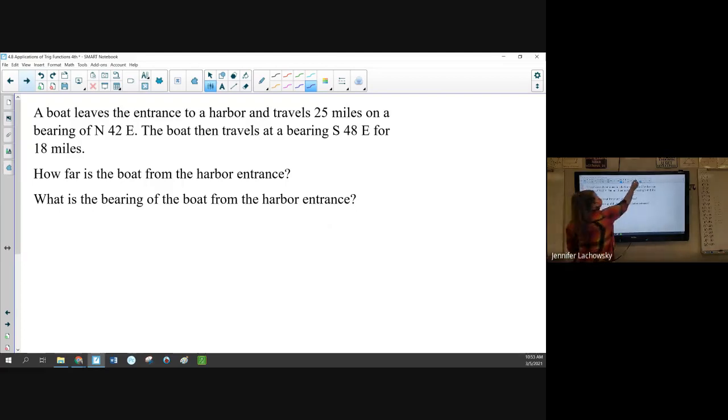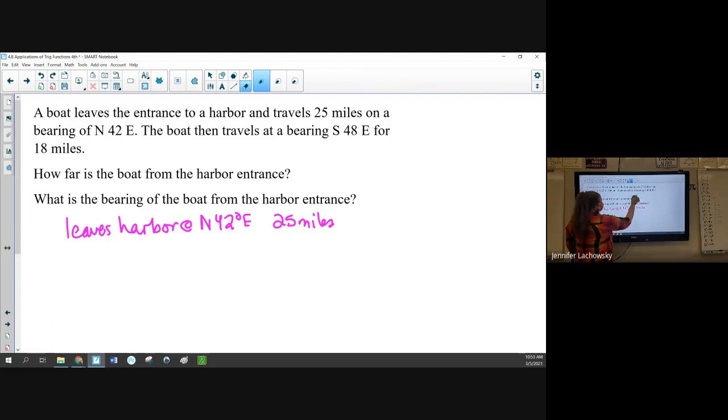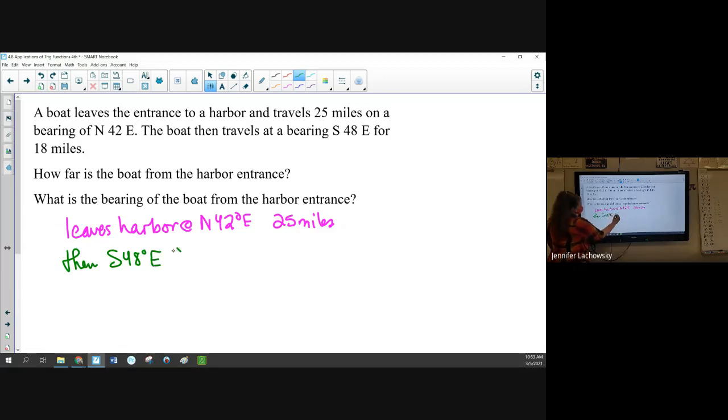Leaves the harbor and travels, write down, leaves harbor at north 42 degrees east, and then 25 miles. That's how much it travels. Then, and this is going to be very contrived because it's just a sharp turn all of a sudden, but anyway, then travels at south 48 degrees east for 18 miles.